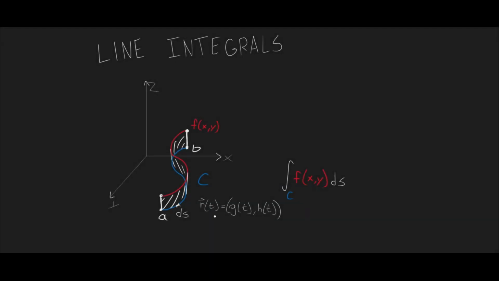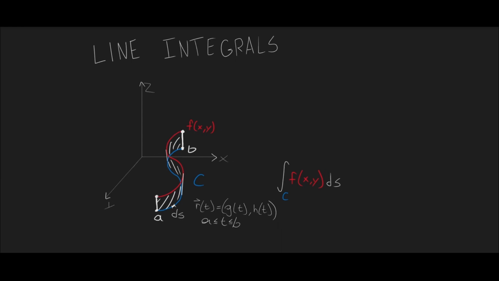So now that we have r, we can use it to find this integral. The first thing we're going to do is set t to be from A to B. So those are going to be the bounds on t. So A is less than or equal to t, which is less than or equal to b.